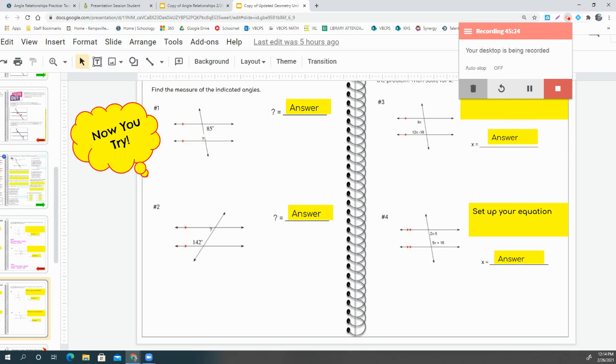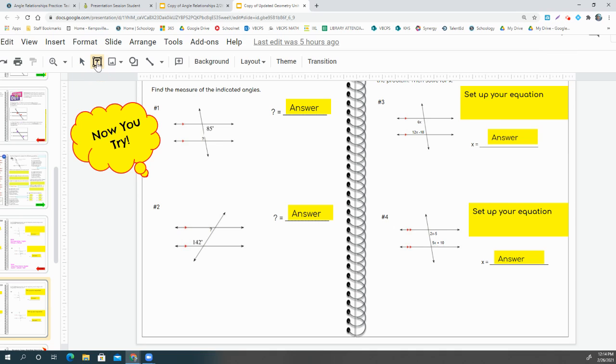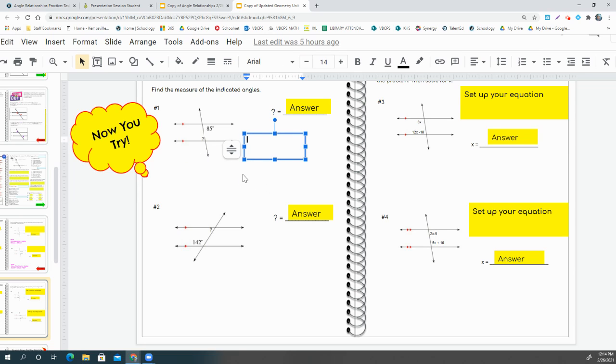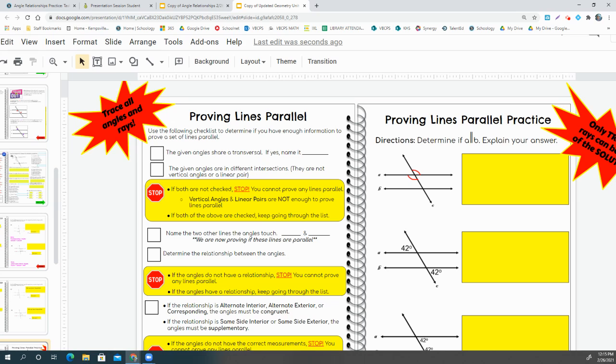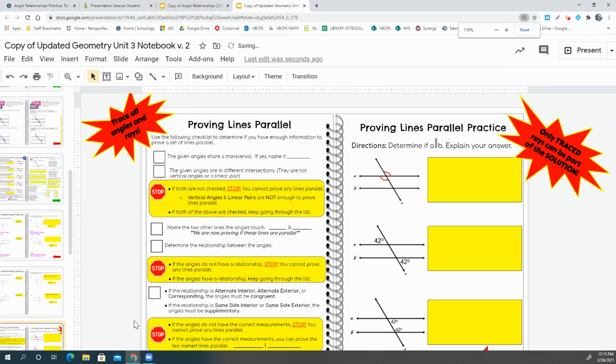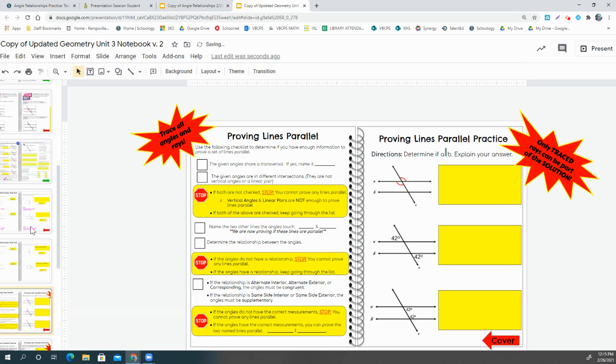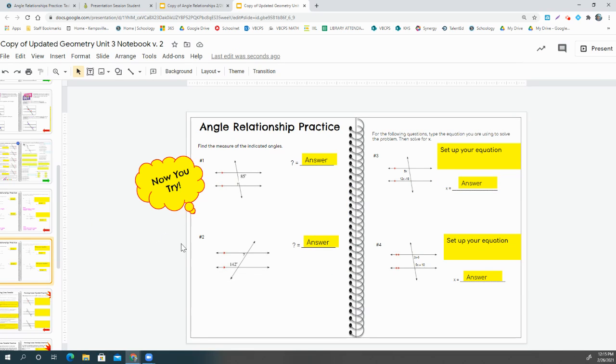I have the picture, but I can't write on it. I love the discussion that's going on in here.